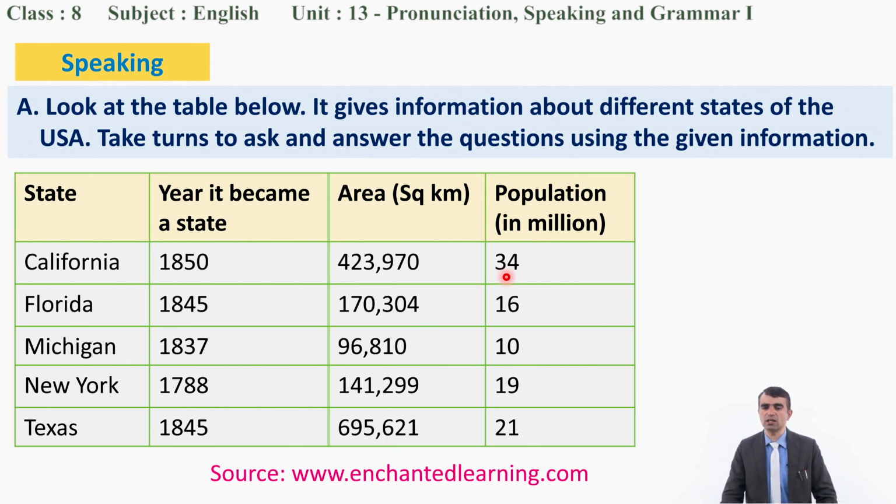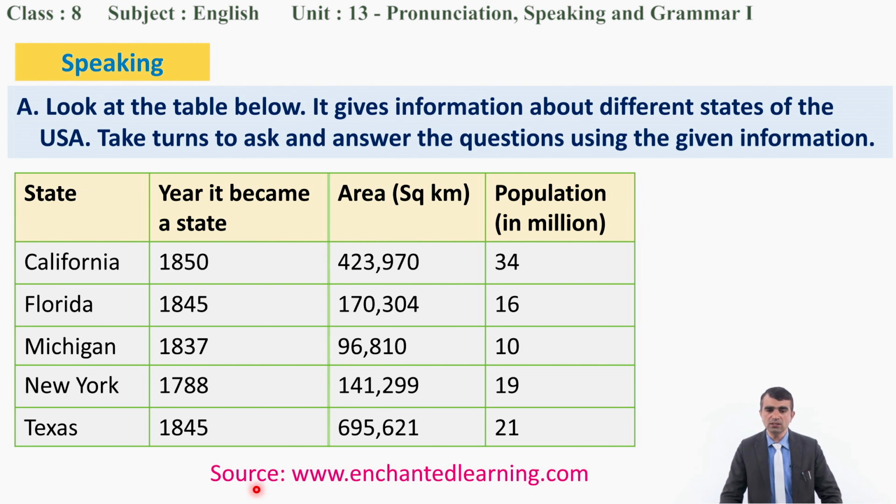And population in the city, in million: 34, 16, 10, 19, and 21. So they are given in million. When you say, you can say 34 million, 16 million, 10 million, 19 million, and 21 million.